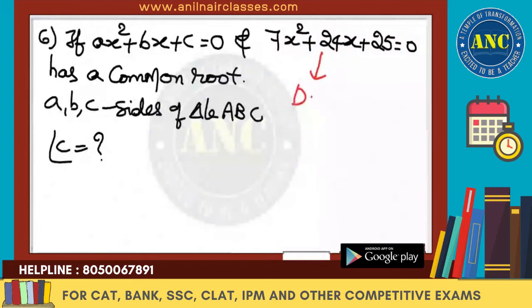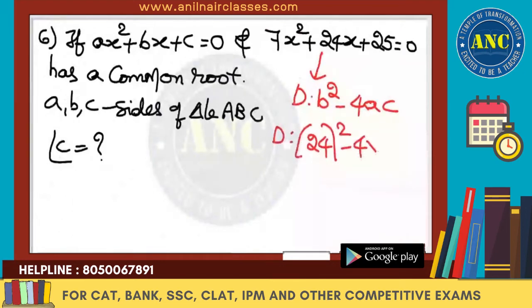If I check, D is b square minus 4ac, so 24 square minus 4 into 7 into 25. D is less than 0. If D is less than 0, roots are imaginary.